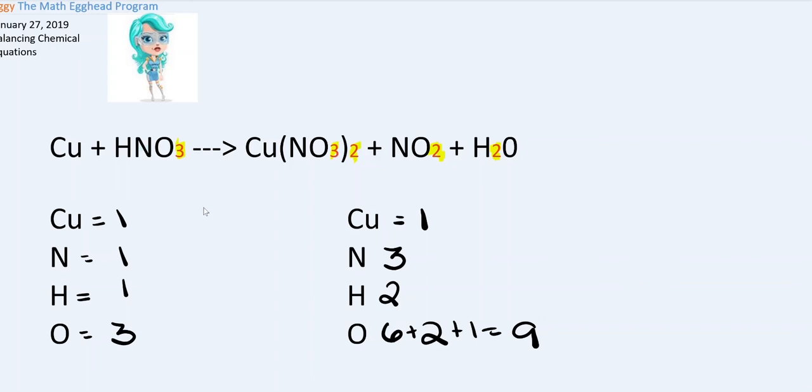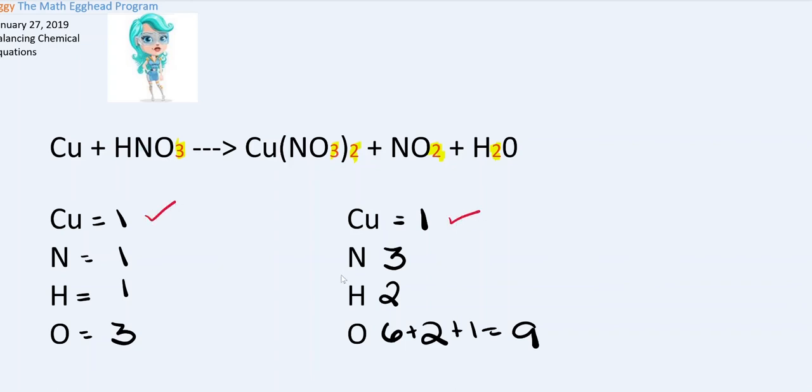After counting all of our atoms correctly, now we are going to start to compare the left to the right. As you can see, copper is already balanced, 1 to 1. Remember what I stated before. Usually, we would go ahead and try to balance nitrogen and then leave oxygen and hydrogen for last. But as you can see here, hydrogen is a smaller even number.